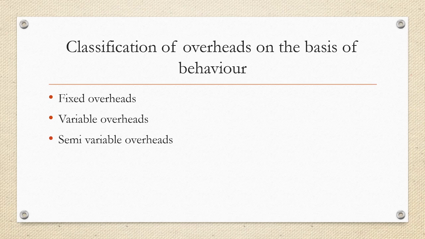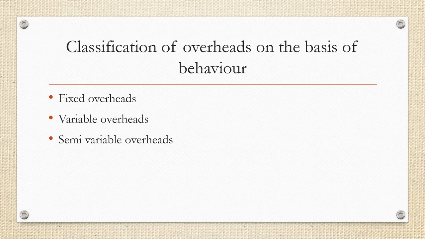Fixed overheads are the expenses which remain fixed in total amount with increase or decrease in the volume of output or productive activity for a given period of time. So fixed overhead cost per unit increases as production decreases and it decreases as the production increases. Now the rent and insurance, the depreciation of plant and machinery, depreciation of building, salaries of the managers, etc.